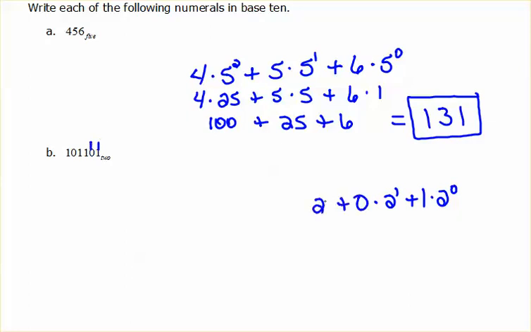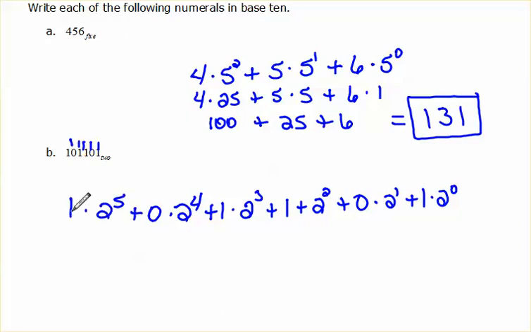Plus, then our next position would be 2 squared, and there's a 1 in that position. Then our next place value would be 2 cubed, and there's a 1 in that position. And then the next place value would be 2 to the fourth, and there's a 0 in that position. And then 2 to the fifth, there's a 1 in that position.